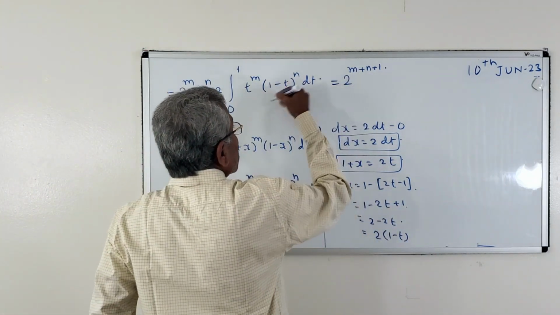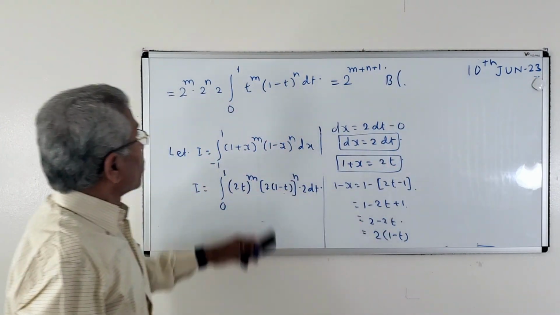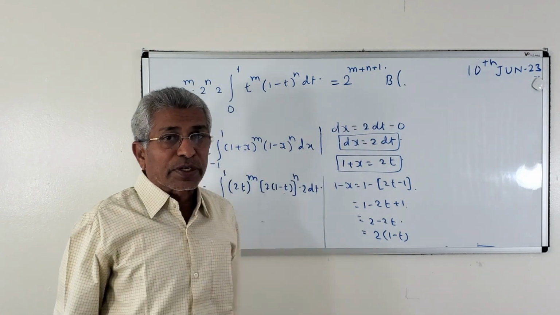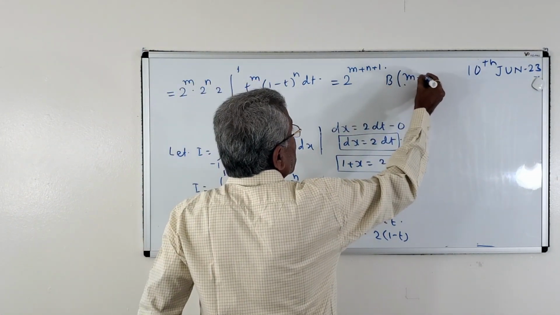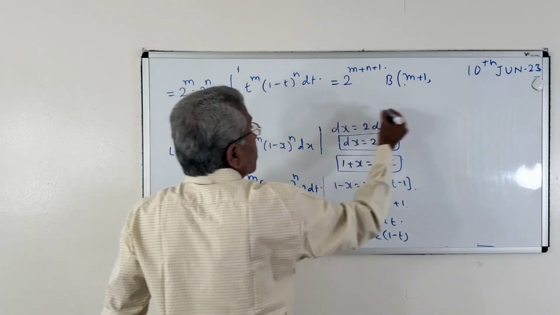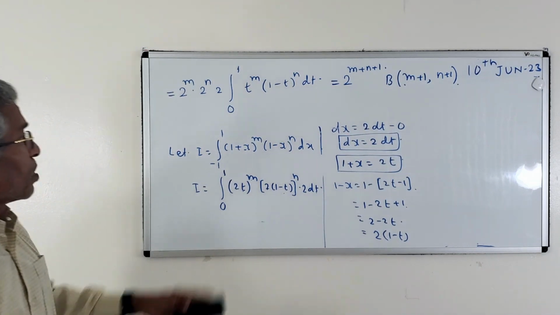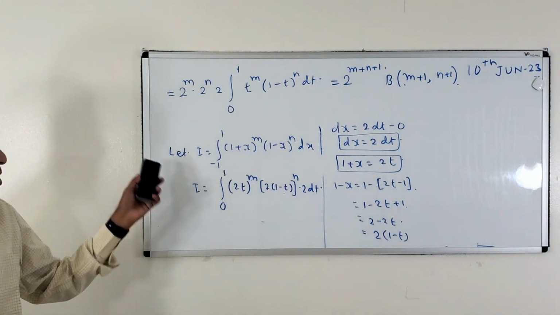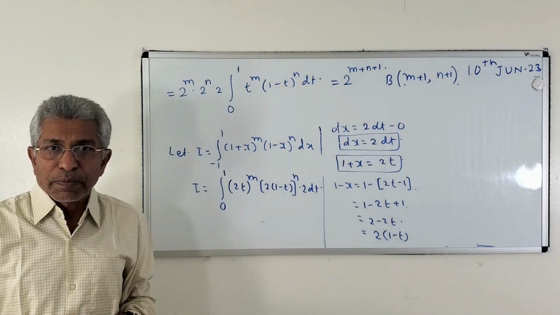Now, as it is a beta function, add 1 in each power and write in the beta notation. Add 1 in the first power m, you will get m plus 1. Then 1 in the second power, you will get n plus 1. And that is the result, which we wanted to show. By this way, you can simplify. So that is the method to solve an example on beta function.